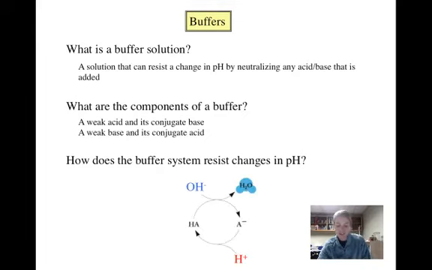Assume the buffering system is composed of HA, the weak acid, and A-, the conjugate base, that appears in the center of the diagram. If an acid is added, that's essentially the same thing as adding H+. So the H+ would combine with A-, the conjugate base, in order to make HA.